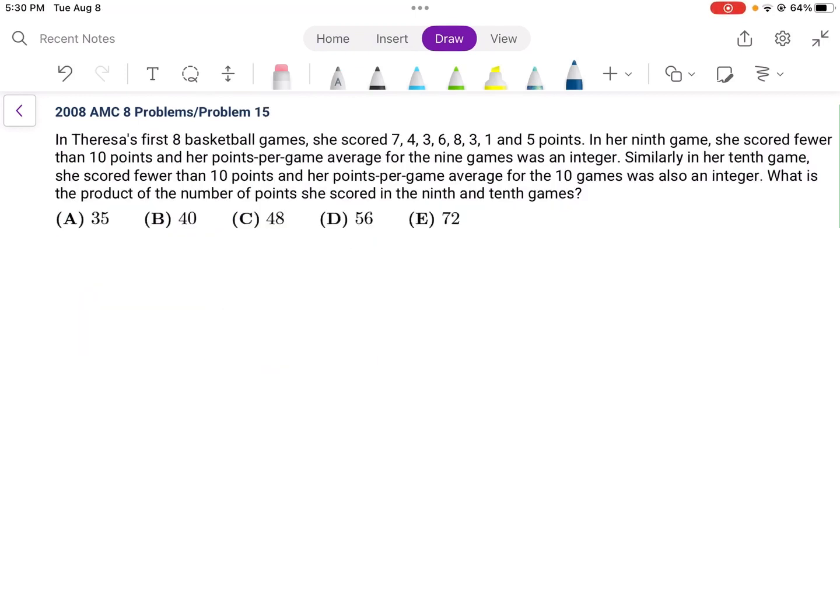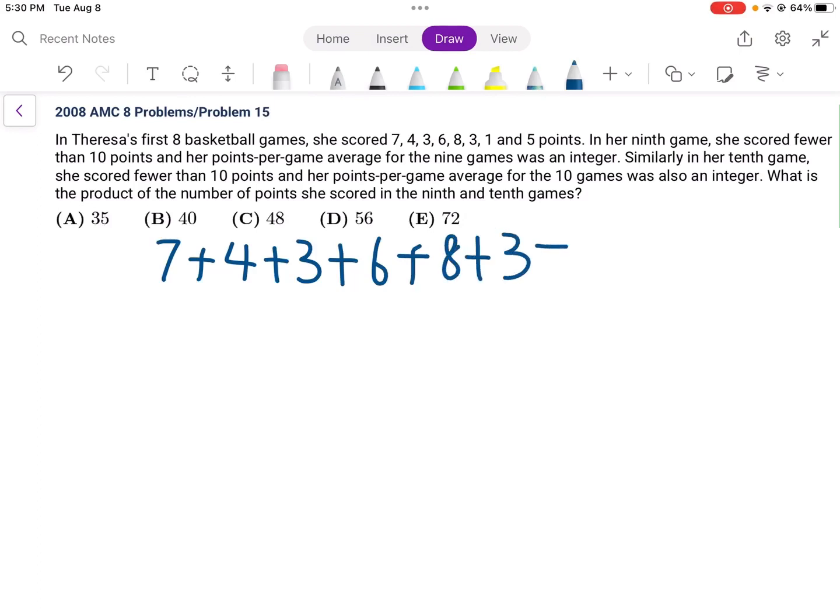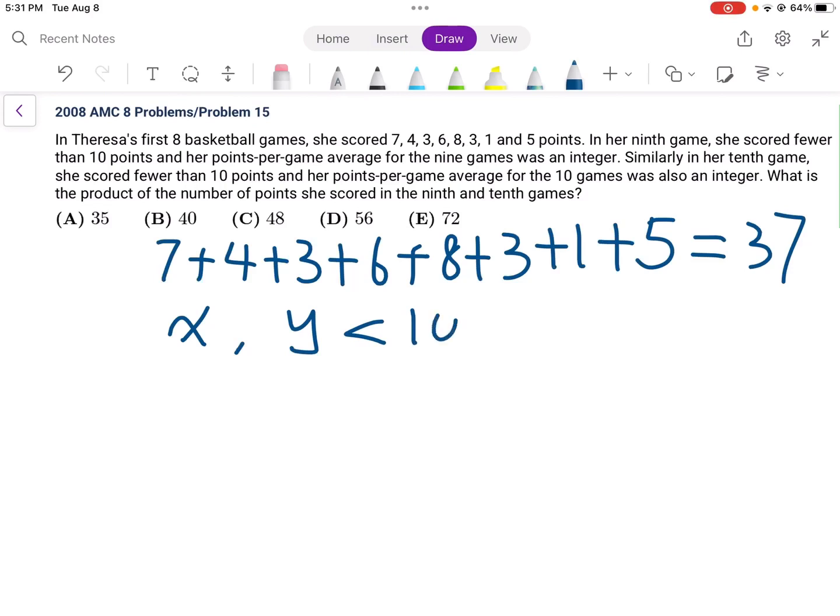Problem 15. Let's first calculate the sum of the first 8 games. That's 7 plus 4 plus 3 plus 6 plus 8 plus 3 plus 1 plus 5. That equals 37. And let's assume on the 9th game, she gets X points, and on the 10th game, she gets Y points, and they are both smaller than 10.